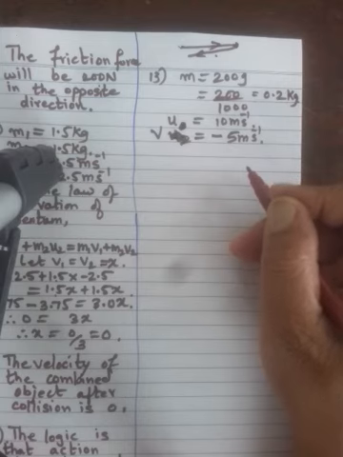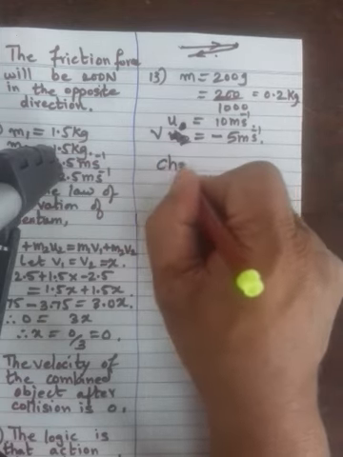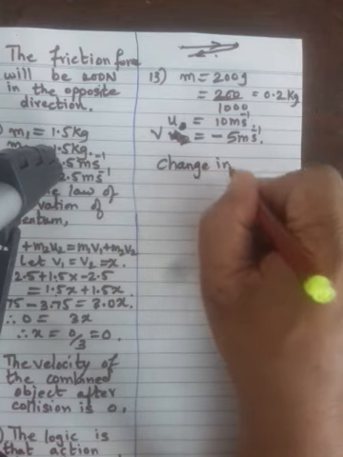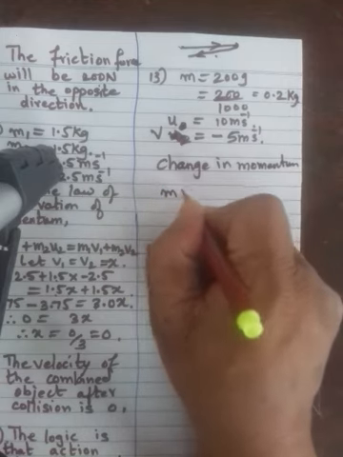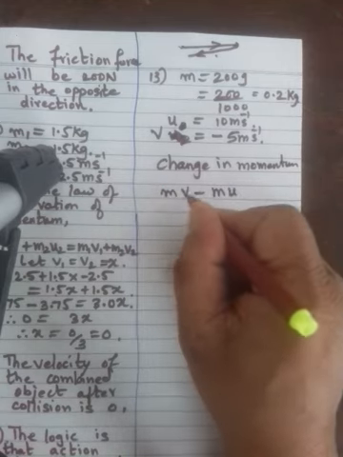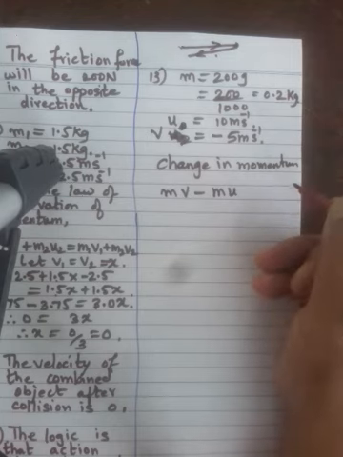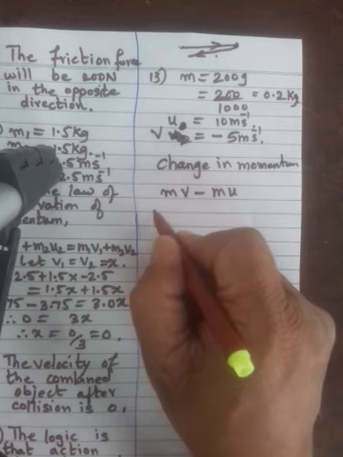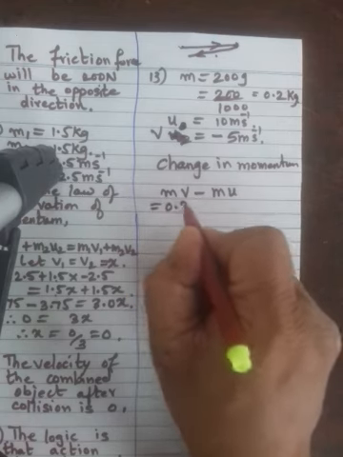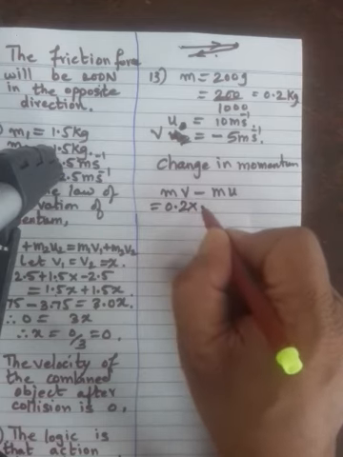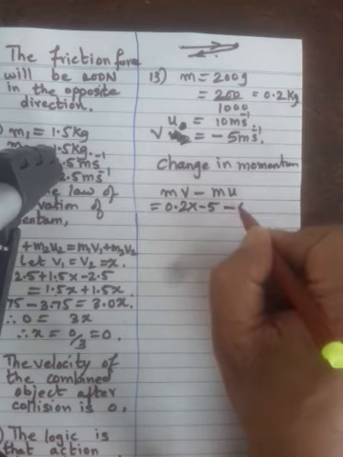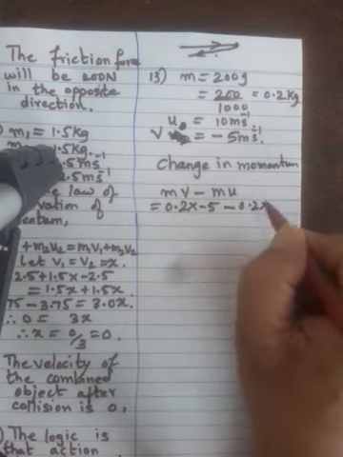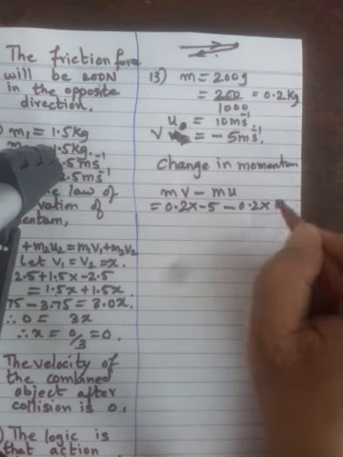They have asked to calculate the change in momentum. So the change in momentum is mv minus mu. That is final momentum minus initial momentum. And momentum is measured by the product of mass and velocity. Here mass is 0.2 kg, final velocity is minus 5, and mass is again 0.2, and initial velocity is 10.